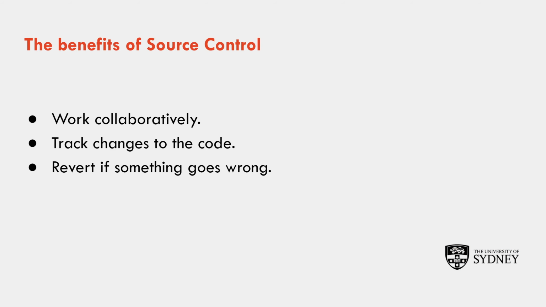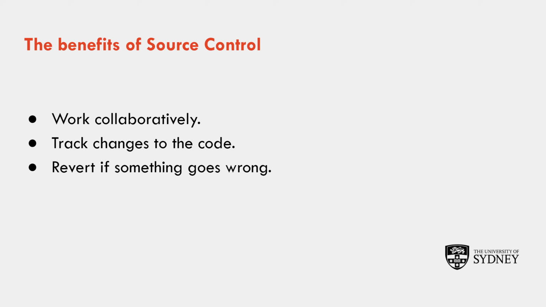Because multiple people can be working on the same project at the same time, when they push their changes to the repository, those changes can be merged together with changes from another user, allowing you to work collaboratively. It also allows you to track changes to your code, so you can easily see what has changed from point to point and what has been developed at what time. And because you do have these save states, you can revert it if something goes wrong, which is really powerful.